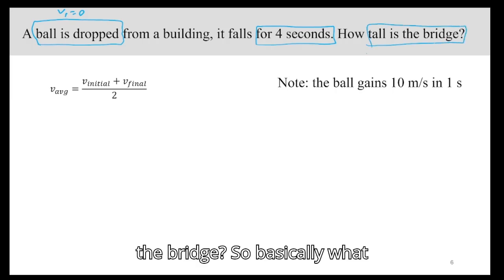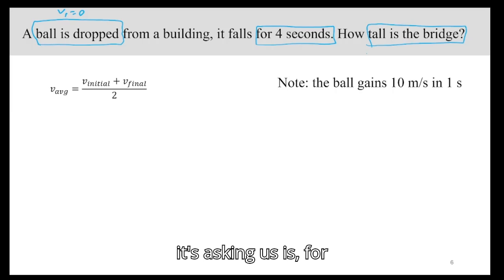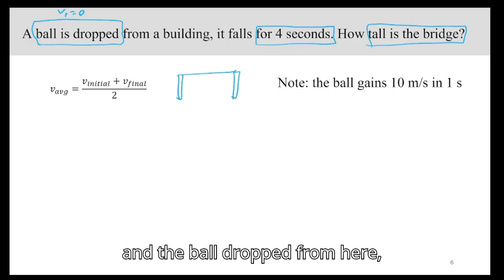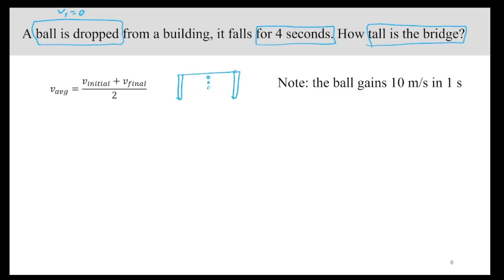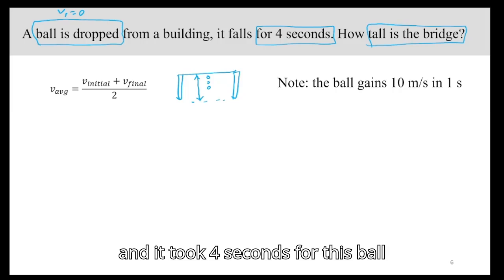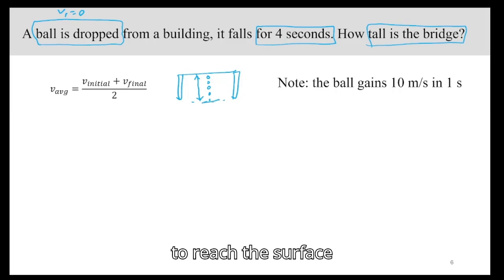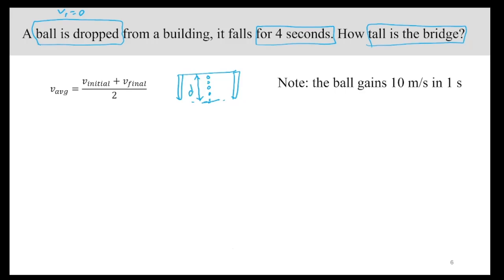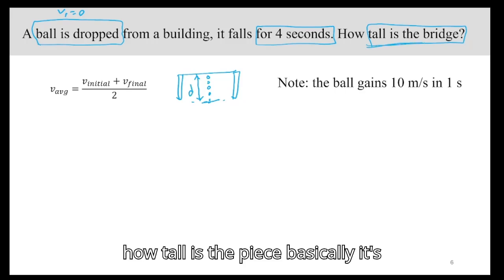So basically what it's asking us is, for example, if this is the bridge and the ball is dropped from here, and it took 4 seconds for this ball to reach the surface, how tall is the bridge?